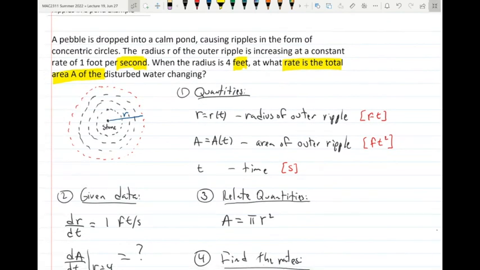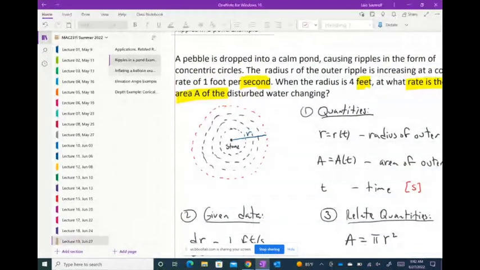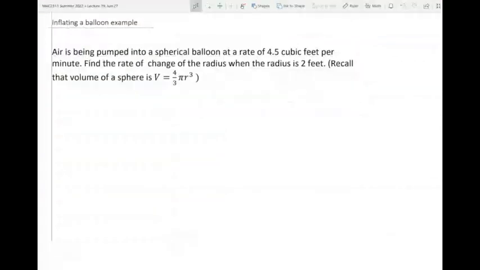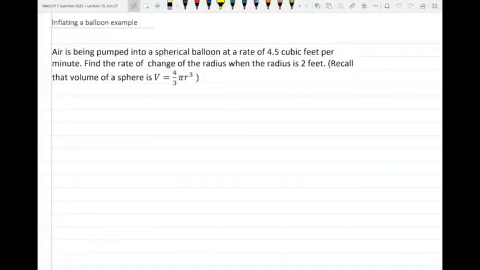Okay, so let's go to the next one. Let's inflate a balloon. All right. Something else also is that you have to understand what type of units correspond to a given quantity. For example, when we talk about a linear quantity, something that is about measuring length, what type of unit are you looking at?